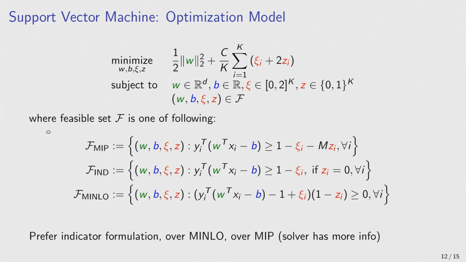And you have a minus 1 here, that's the plus 1, so that's the constraint that you want. If zi is equal to 1, then you're ignoring this constraint and you're allowing yourself to misclassify one of the vectors. Okay, so we're going to look at these formulations a little bit to understand what they're like.